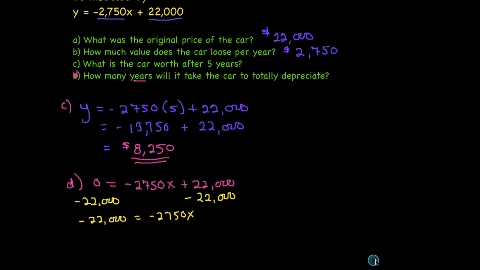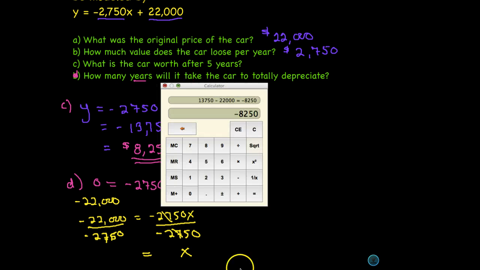Our final step then would be to divide both sides by negative 2750 in order to isolate x. Okay, these cancel and we get x. Then on the left, 22,000 divided by 2750 gives us 8.